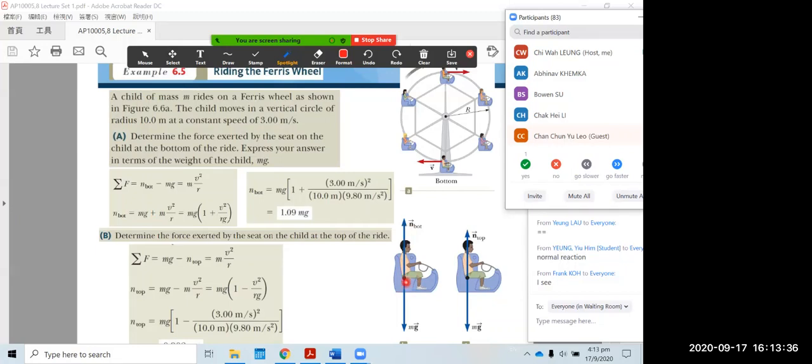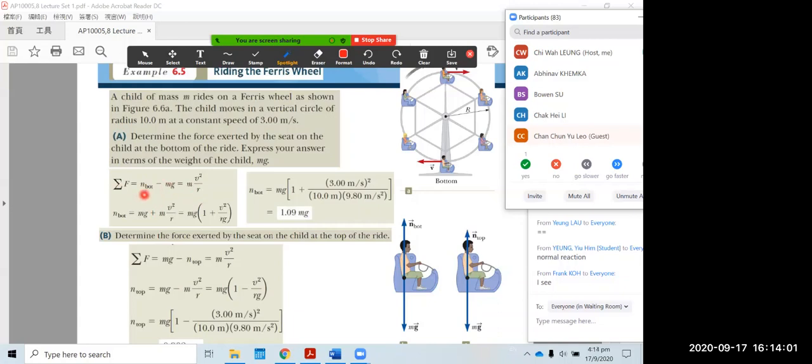And there would be the gravitational force, the weight, acting on the boy as well. It is the difference between the two which points upward that contributes to the centripetal force. So that is why you have here N bottom minus mg equals mv squared over r.